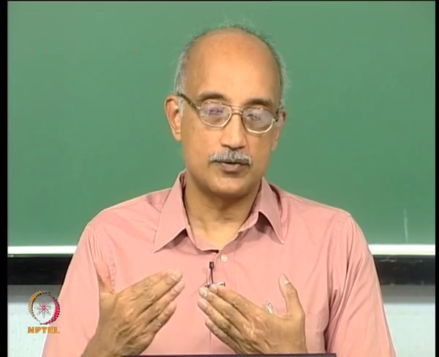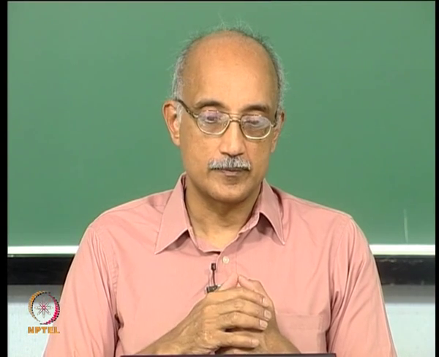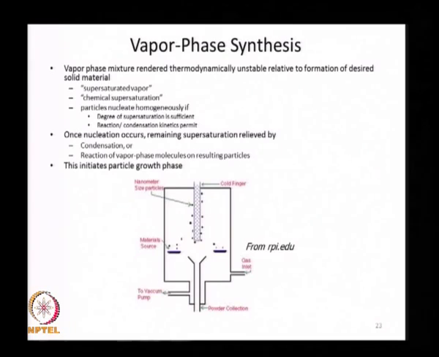So, for example, if you insert this cold finger as it is called, which is essentially a cooled surface, then particles will immediately nucleate preferentially around the circumference of this object that you have inserted. Once nucleation occurs, you can relieve the remaining supersaturation by condensation or reaction of the vapor phase molecules on the resulting particles.